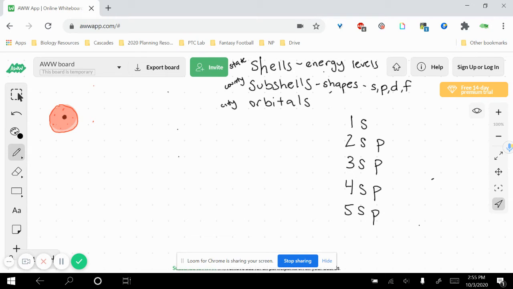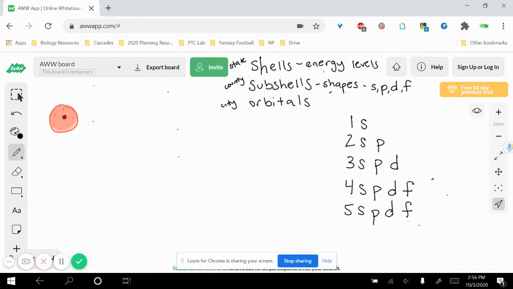And then the next subshell after P is D. You don't get subshell D until you get to level 3. Once you hit level 3, that unlocks the D subshell, and then the F, you get access to that at level 4. So you can see that at each energy level, you get access to a new subshell.